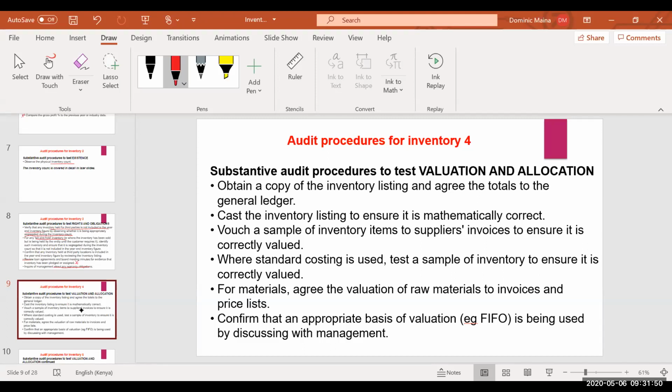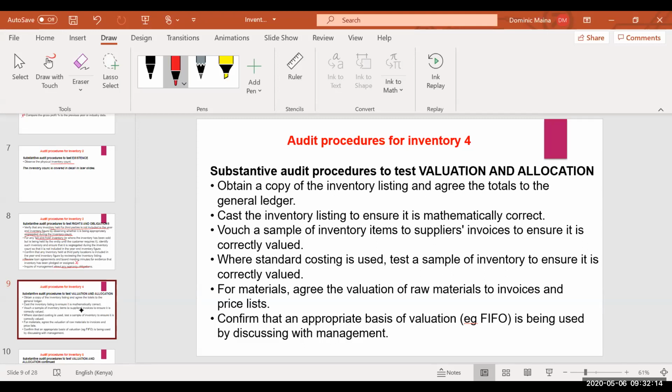As mentioned, don't forget we are going to be referring back to the requirement of IAS 2. We are meant to value the inventory at the lower of cost and NRV.